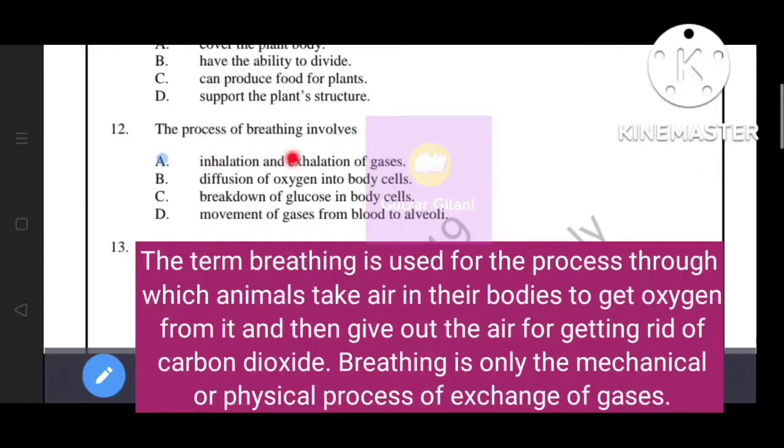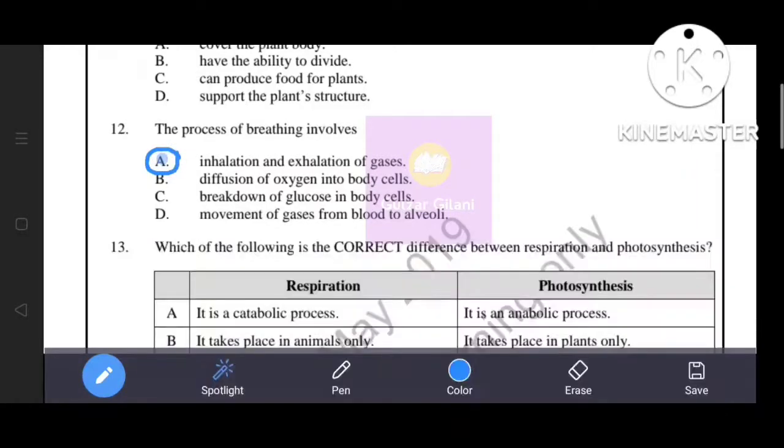That's why, of the given options, the correct answer is option A, that is inhalation and exhalation of gases. Option B, diffusion of oxygen into blood cells. Option C, breakdown of glucose in body cells. Option D, movement of gases from blood to alveoli. Incorrect. Option A is the correct answer.